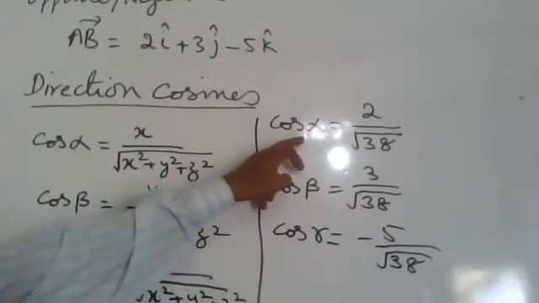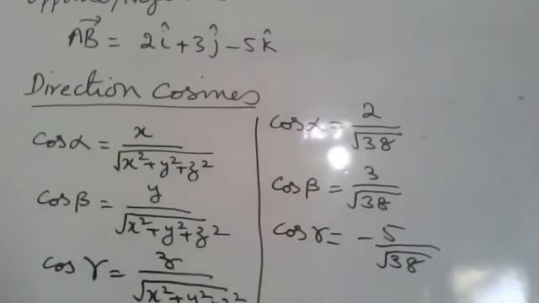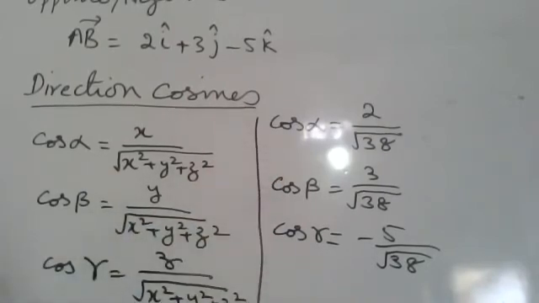Each angle should be from 0 to 180 if you find the angles. Here we are only finding the direction cosines. So this is the way how to find the direction cosines.